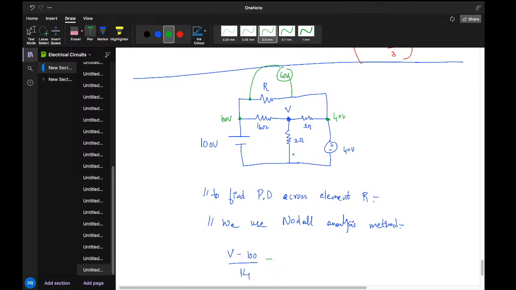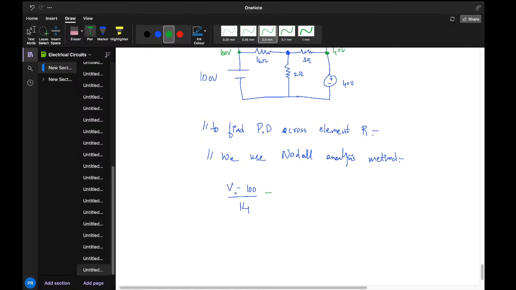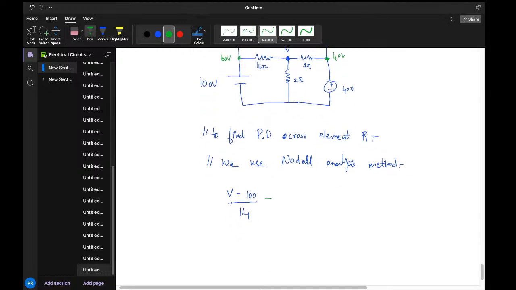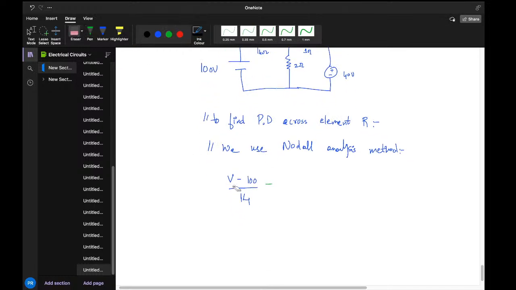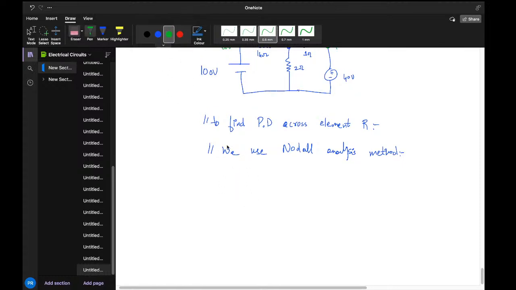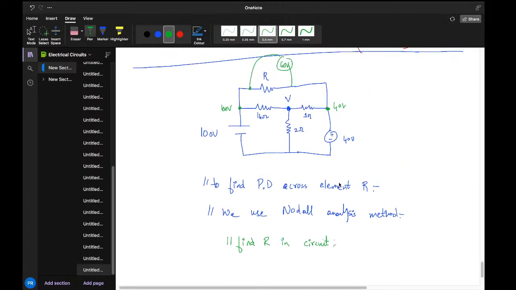So this is 60 volts over here. We are interested in finding the resistance R in this circuit over here. Let me just write it down. Find R in circuit. So guys, let me think what I can do about this.